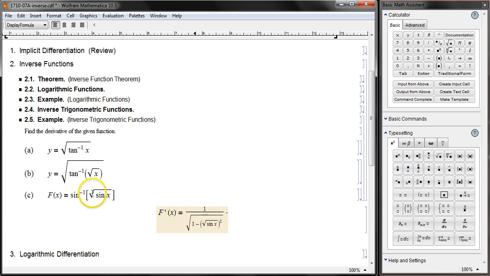Next, we have to take the derivative of the inside by the chain rule. Okay, let's just do it one step at a time. 1/2, inside never changes. Subtracting 1 from the power. Now, derivative of the all the way inside, that's cosine of x. Do we need to simplify this thing?